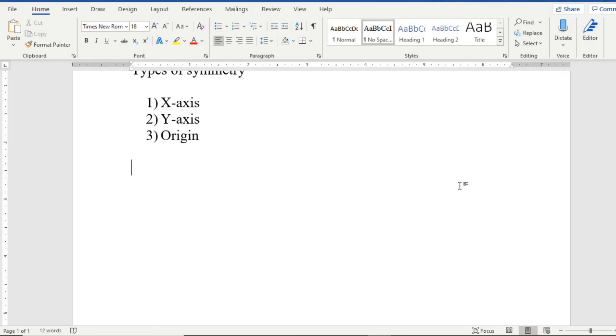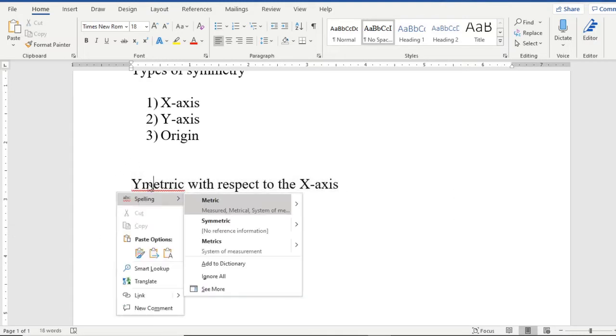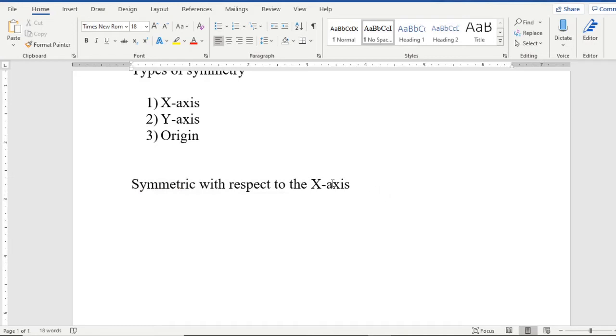Alright, so the first type is symmetric over the x. Symmetric with respect to x. Okay. So to be symmetric with the x-axis, our points have to look a specific way.